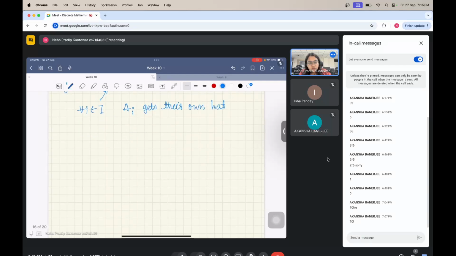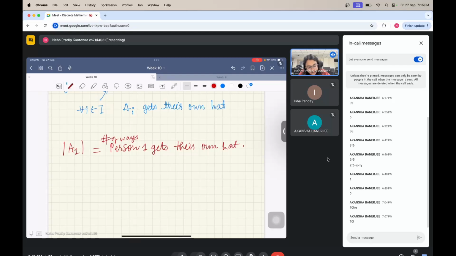Okay, so maybe even before we answer that, let's answer a simpler question. Let's say I want to find out the cardinality of A1. So A1 means person 1 gets their own hat.